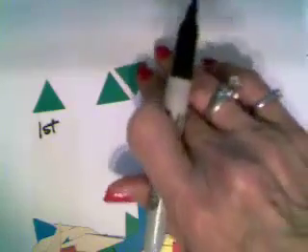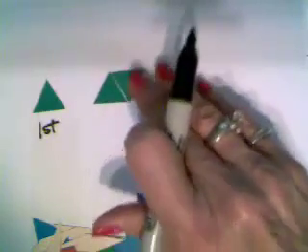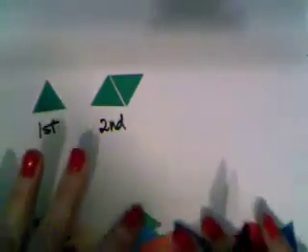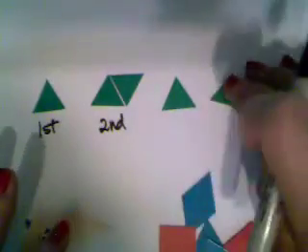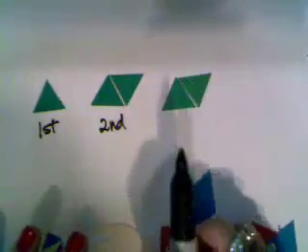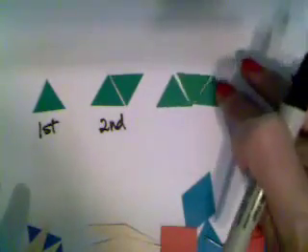Our second in the pattern will be two green triangles put together. Our third in the pattern will be three green triangles placed together.